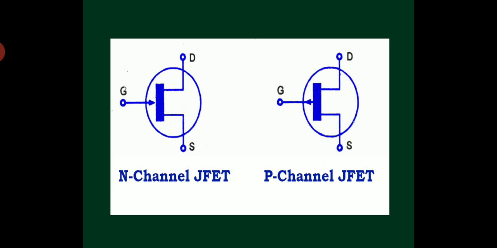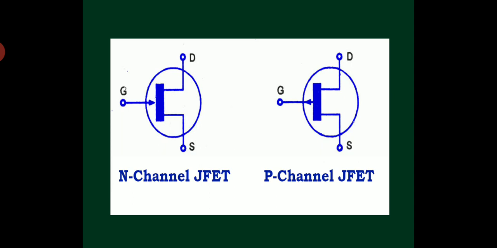In this session, I'm going to deal with P-channel JFET only, as I covered N-channel JFET in my previous class. Just as we have NPN and PNP bipolar junction transistors, we have N-channel and P-channel field effect transistors.